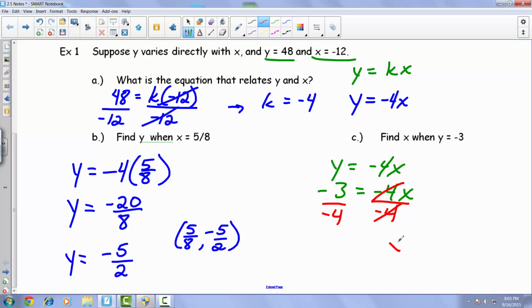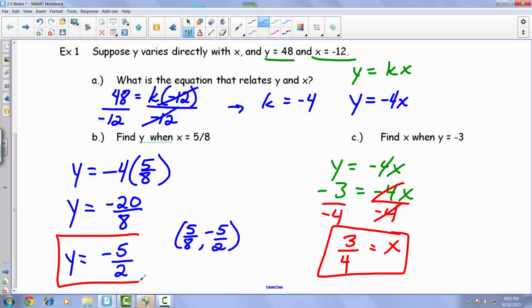So it appears that x is equal to negative 3 divided by negative 4. Negative divided by negative simply comes out to be a positive 3/4. And again, from this, you can construct a point if you really wanted to: 3/4, comma, negative 3.